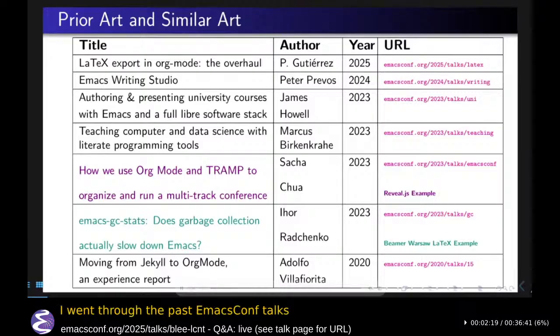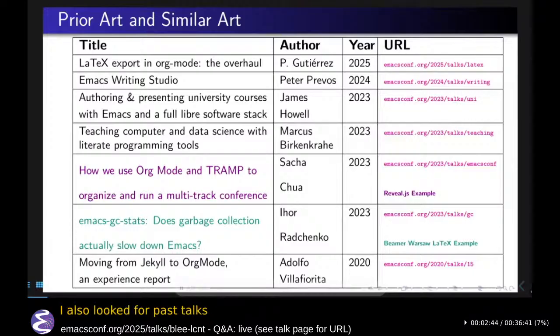I went through the past EmacsConf talks and found a good number of them that also deal with the topic of content generation. A few of these are included in black ink in this slide. Many of these have chosen the Babel, in other words, org mode plus LaTeX, as primary input. I prefer the inverse of that.